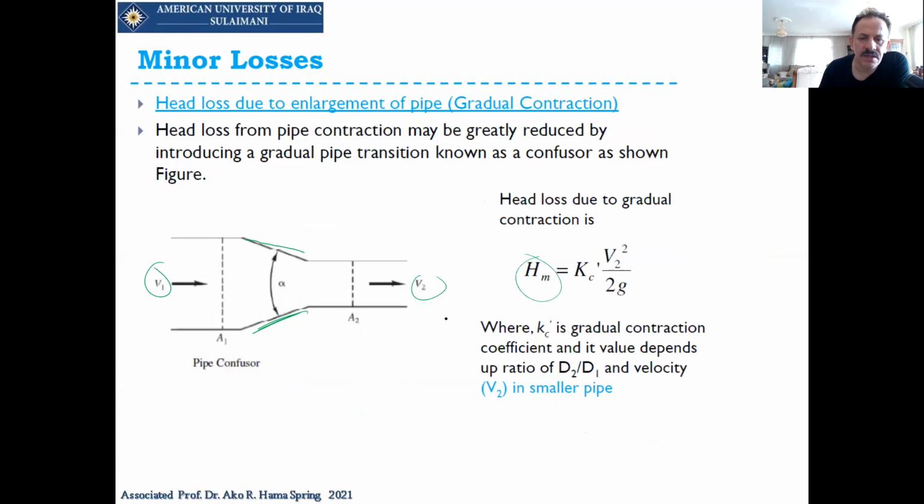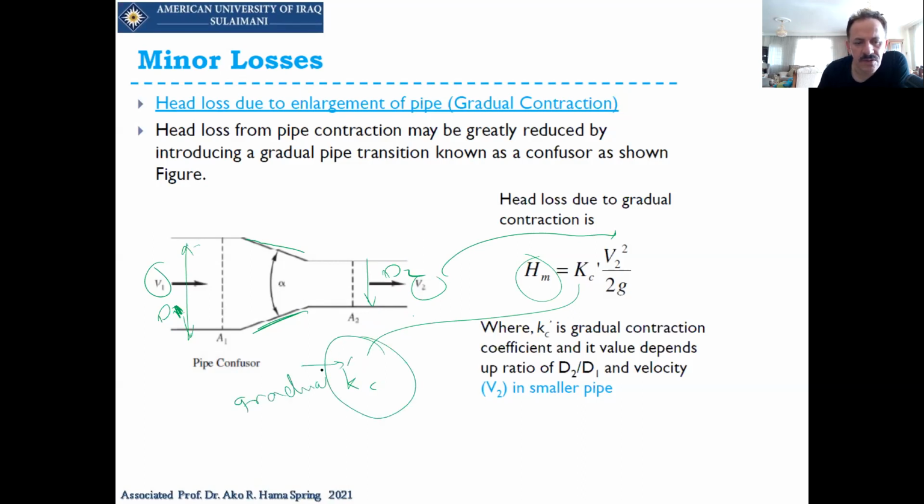And also this head loss depends on D2 divided by D1, and it will be a function of the velocity downstream. We call this coefficient of contraction K prime because it's for a gradual contraction. If it was sudden, it would be Kc. Both of them depend on V square.